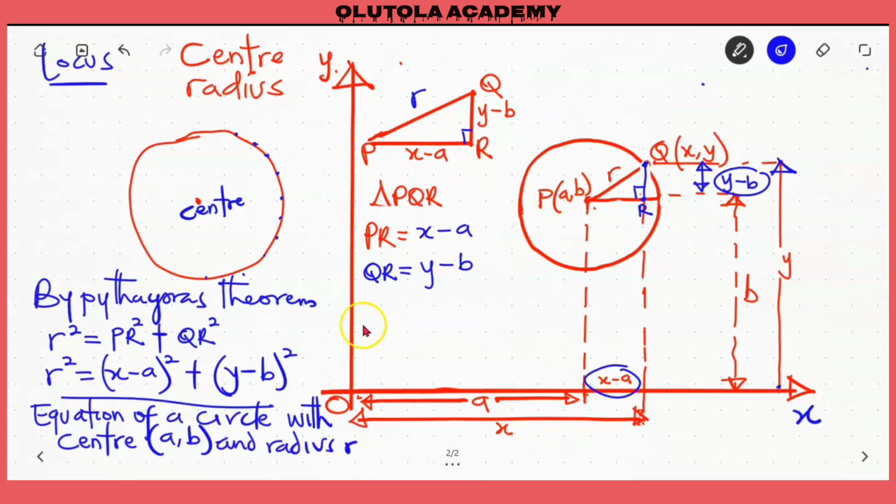So this relation, r squared equals (x minus a) squared plus (y minus b) squared, is what is used to find the equation of a circle. I'll use that in an example problem in my next lesson.